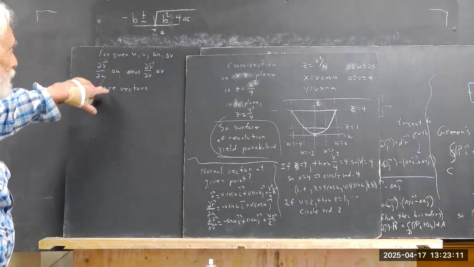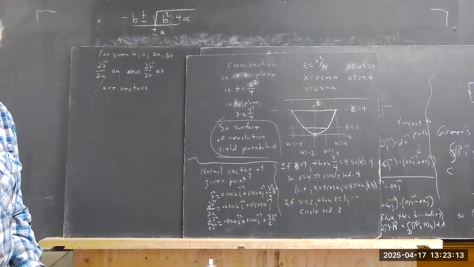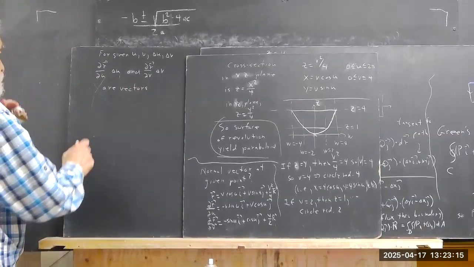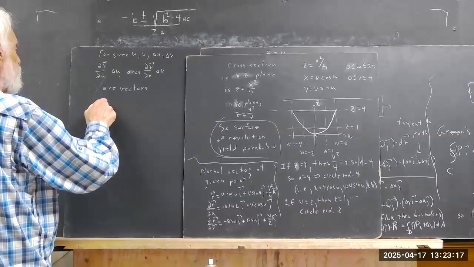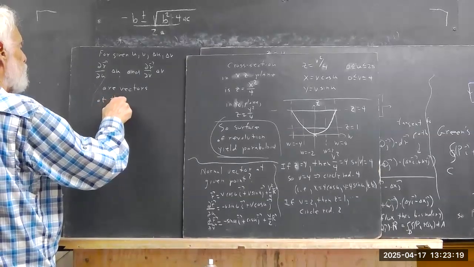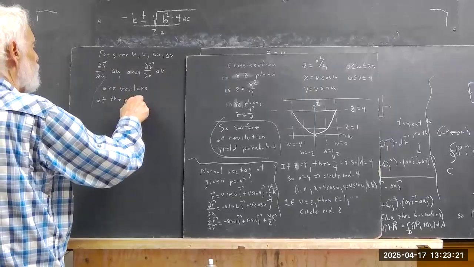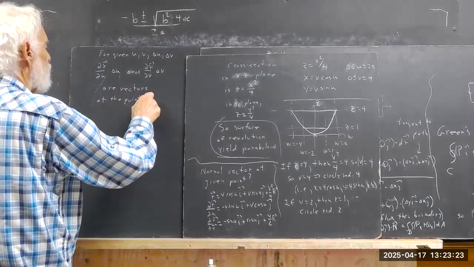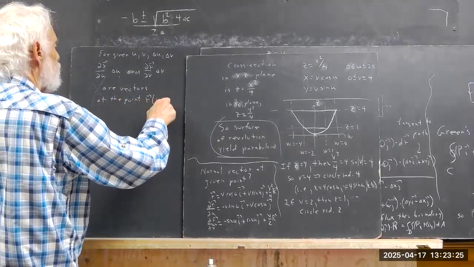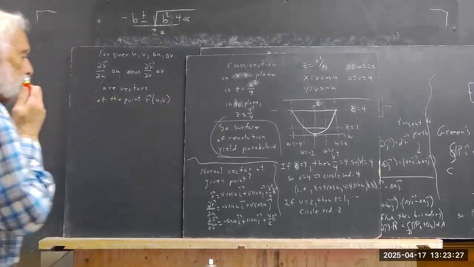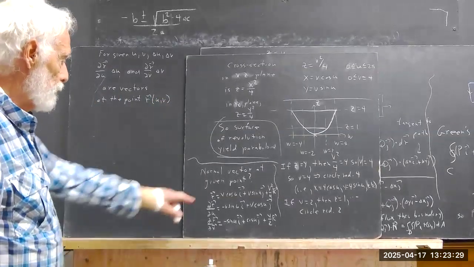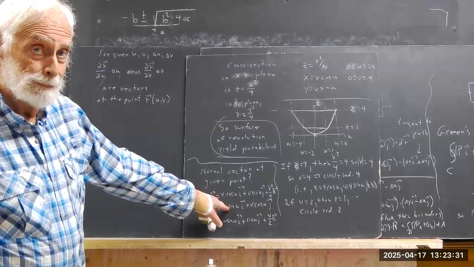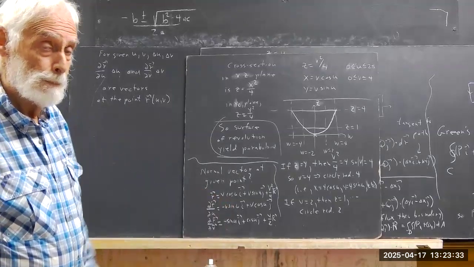These are vectors at a specific point. At the point R of UV. And right there is R of UV. Okay.